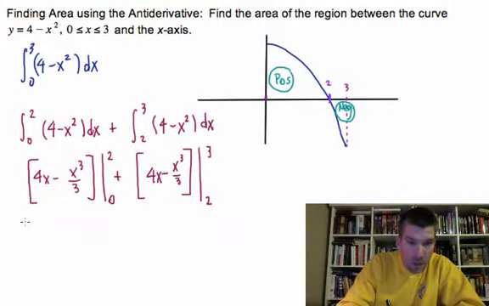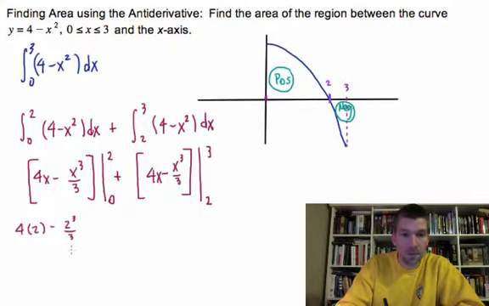So here we go. I'm going to have stop minus start. So 4 times 2 minus 2 cubed over 3, minus 4 times 0 minus 0 cubed over 3.